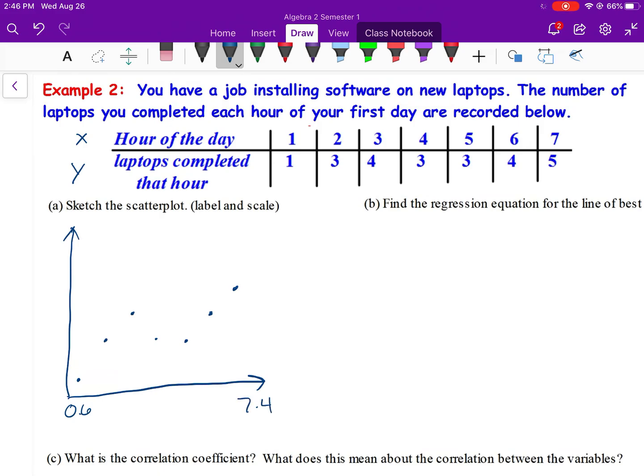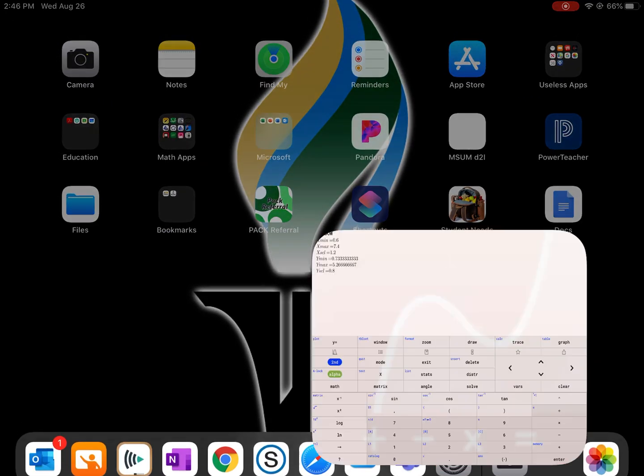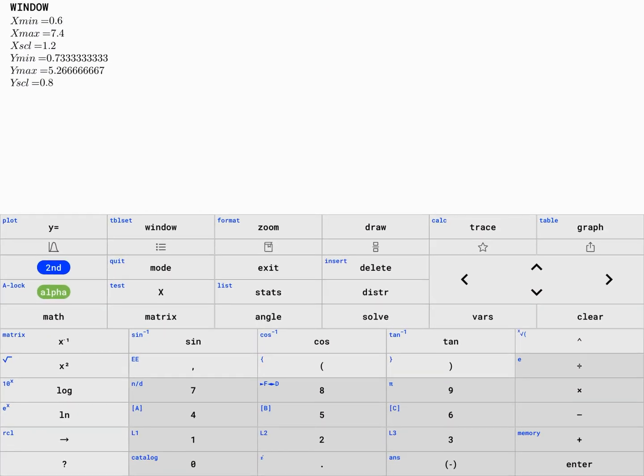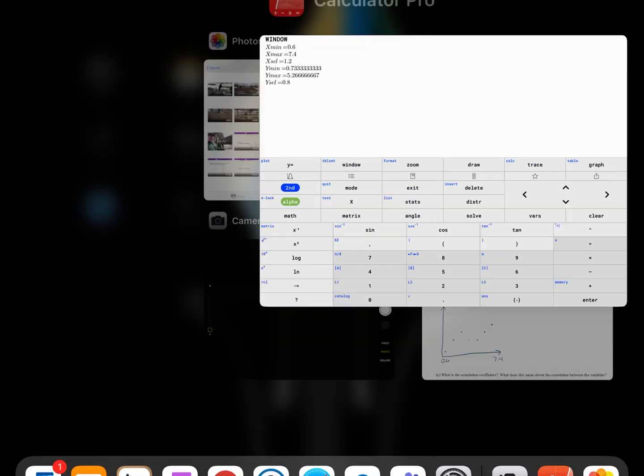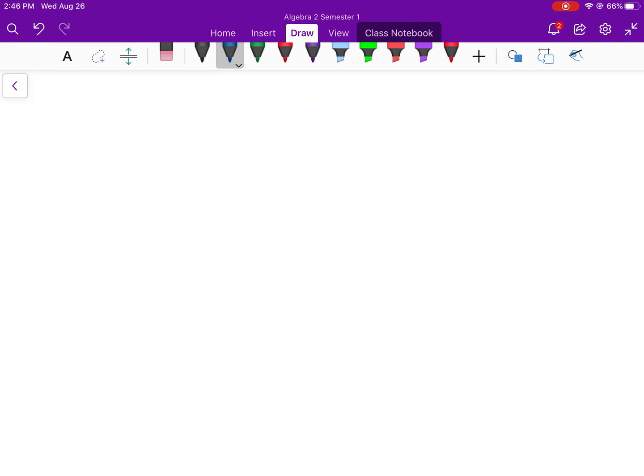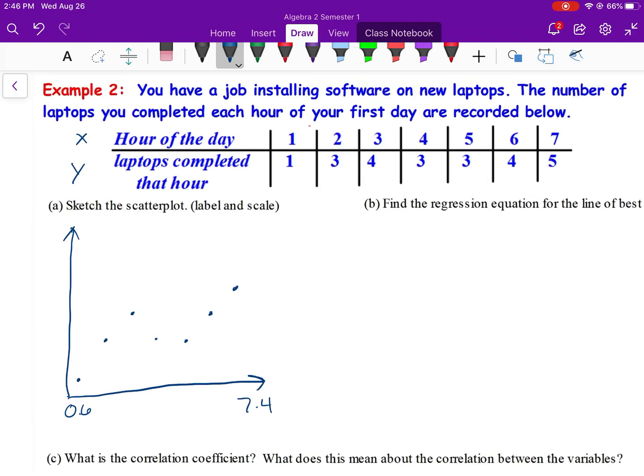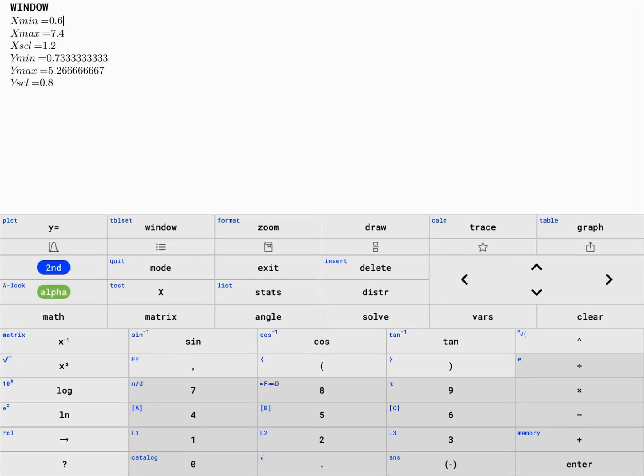Okay, and X min, X max, that goes along your X axis. Okay, and we had our Y min at 0.73. And then our Y max at 5.27.